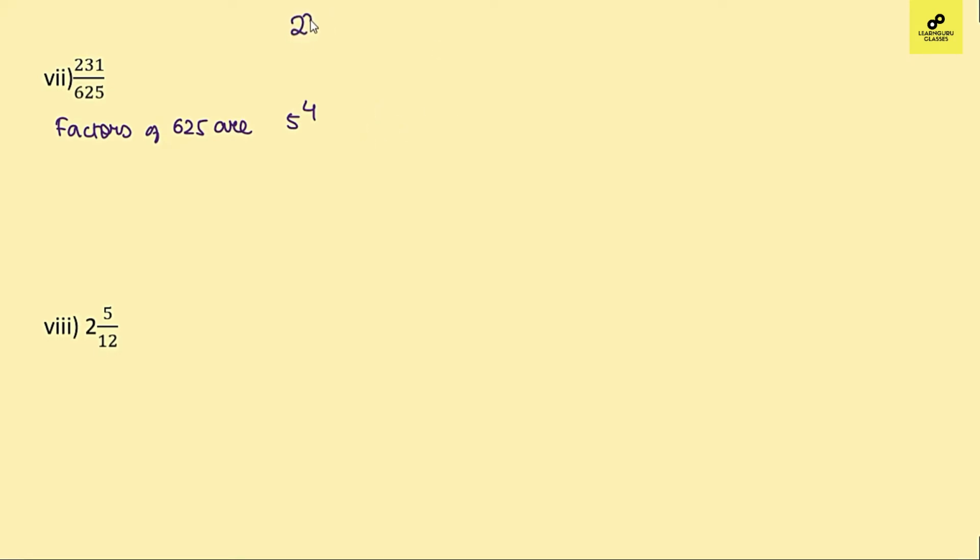So it is in the form of 2 to the power of n into 5 to the power of n. So we can write 231 by 625 will give a terminating decimal expansion.